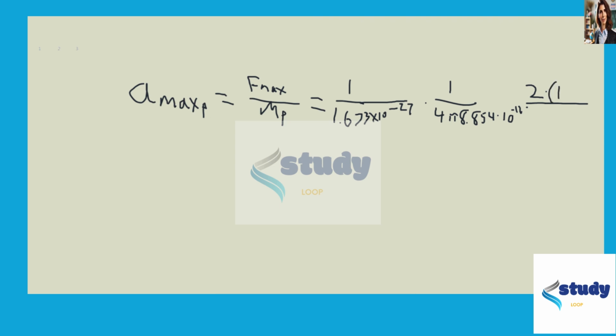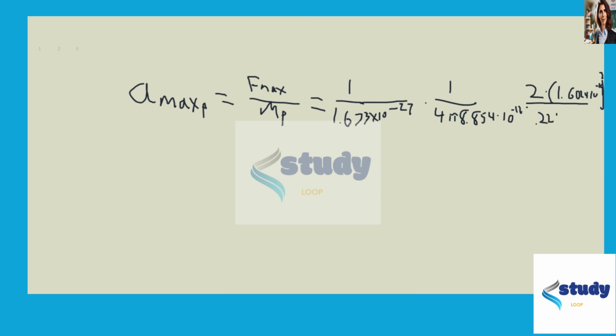To simplify that a little bit, 1.602 times 10 to the minus 19, and that's all squared because we have 2 times electron charge times 1 times electron charge. And that's all divided by their distance squared, which we're going to put in meters because we're working in SI units.